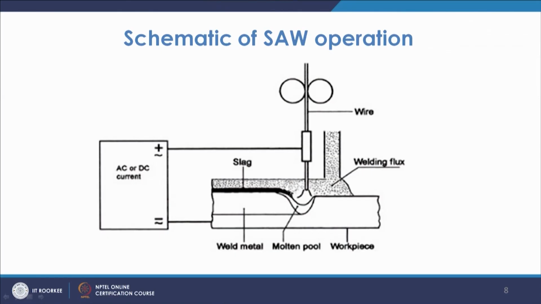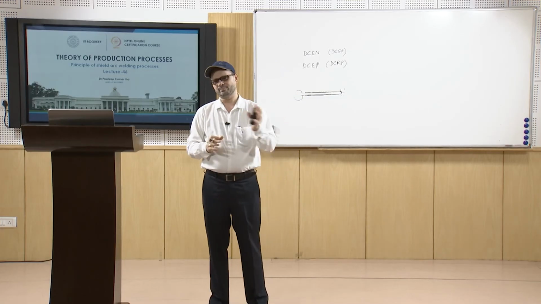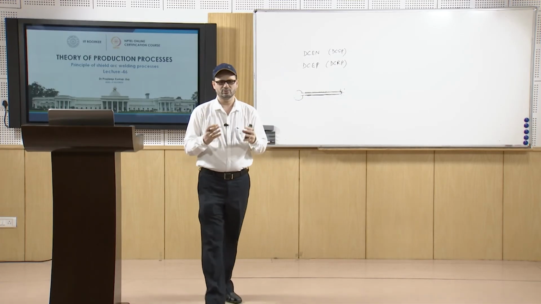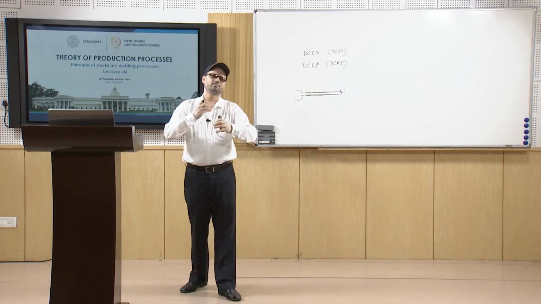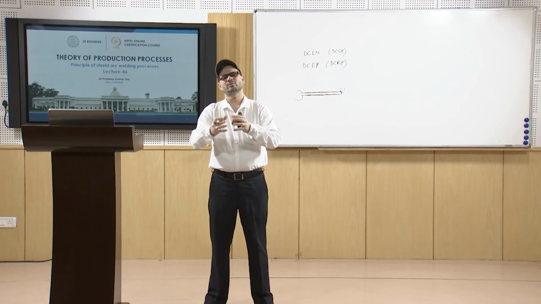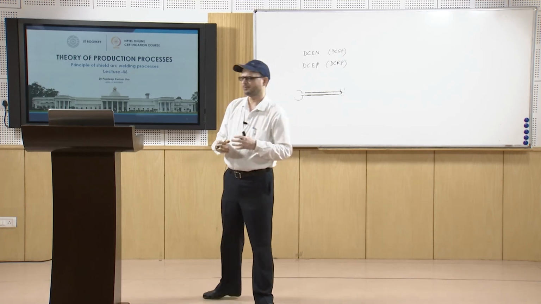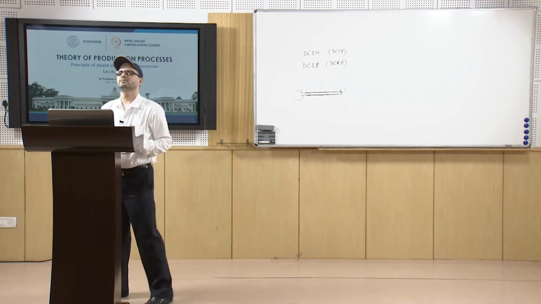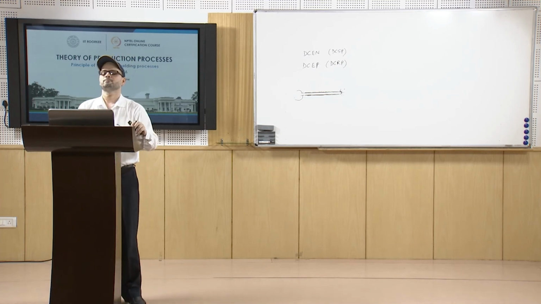The flux comes through this hopper, and the arc is created here, and the slag will be on the top surface. Most of the unused flux can further be used, so you have further use of the fluxes.